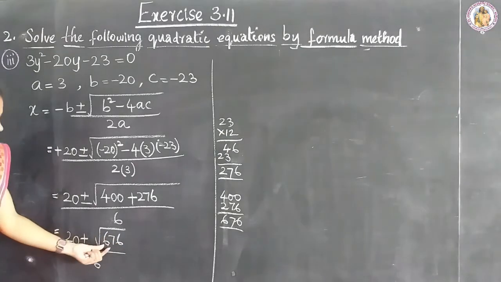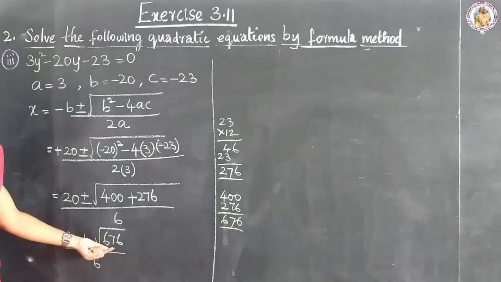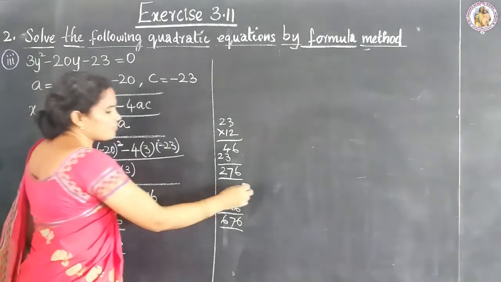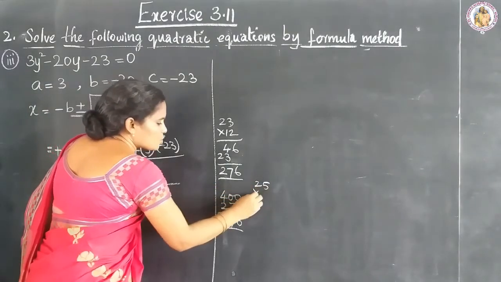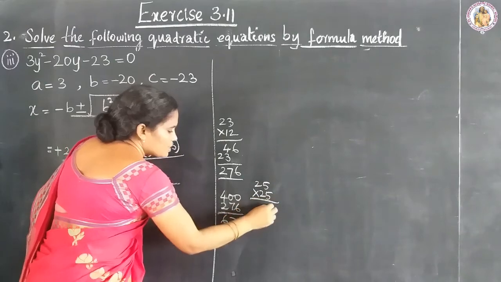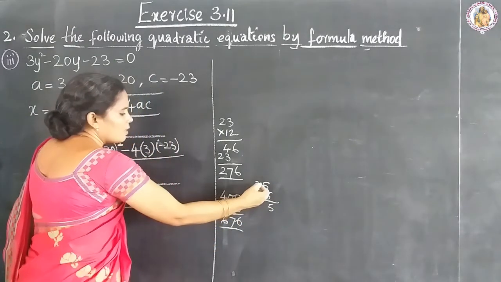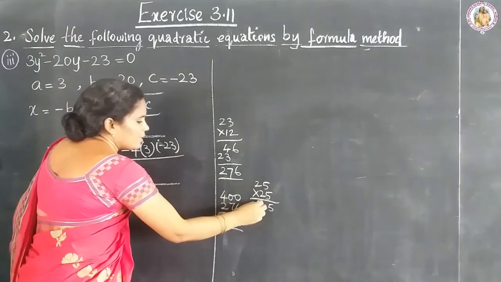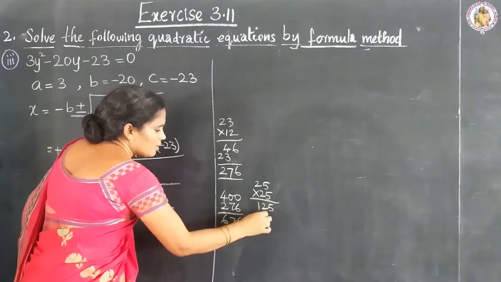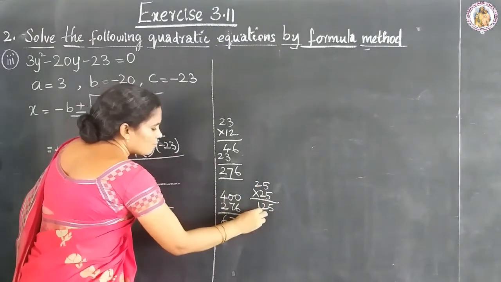And now square root of 676. Before knowing the square root of 676, you know 625. That is 625 is 25 into 25. So 5 5s are 25, remaining 2. 5 2s are 10, 11, 12. 5 2s are 10, remaining 1. 2 2s are 4, 5.